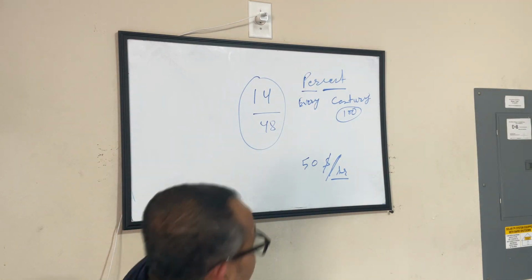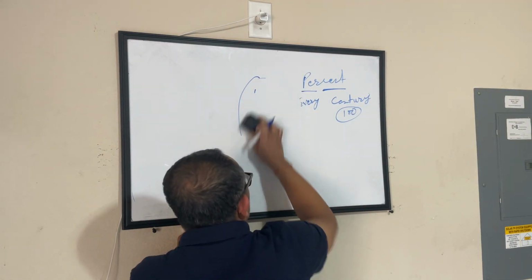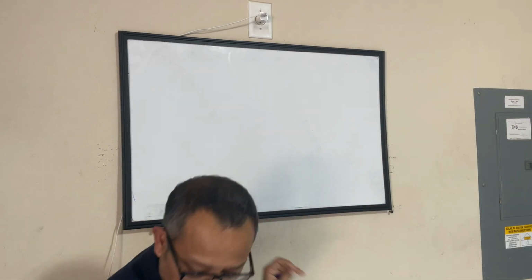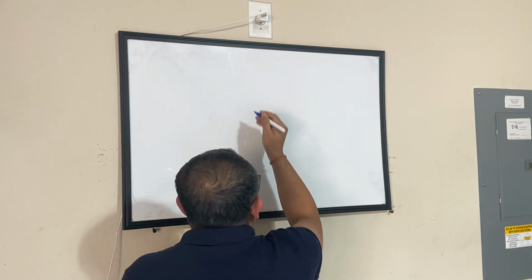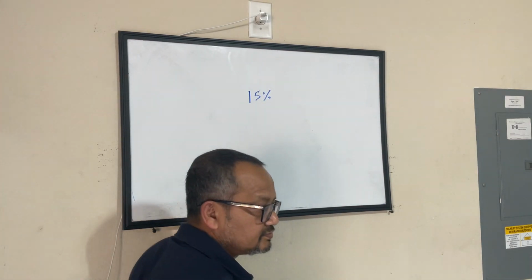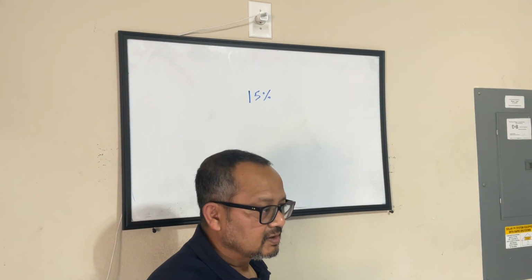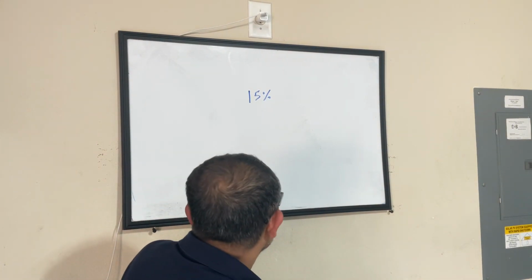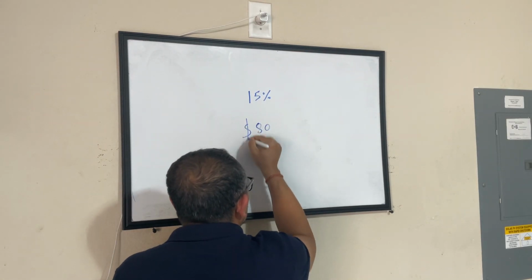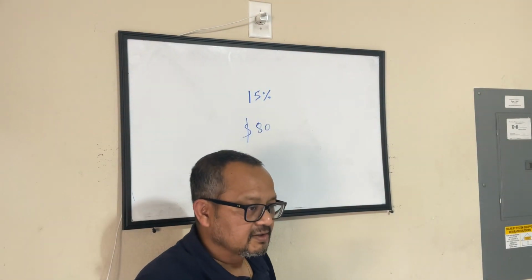So if I tell you guys that during the Thanksgiving, when I was trying to buy a shoe, they were saying there's a 15% discount. I picked up a shoe which was priced at $80. How much do I have to pay?